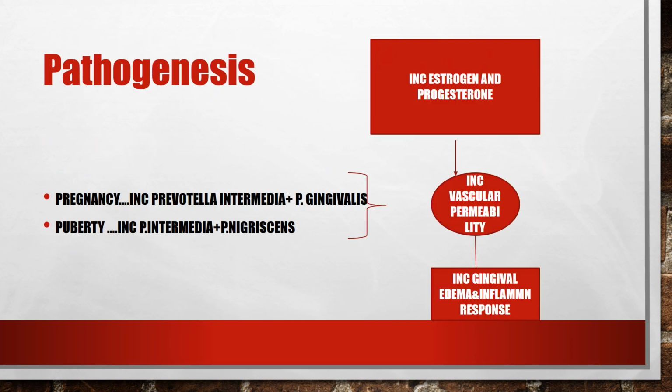Coming to the pathogenesis, in hormonal conditions there will be an increased amount of hormones like estrogen and progesterone, which reach their highest production by the end of the third trimester, at 10 to 30 times the levels present during the menstrual cycle. These changes induce changes in vascular permeability, which leads to an increase in gingival edema and inflammatory response.